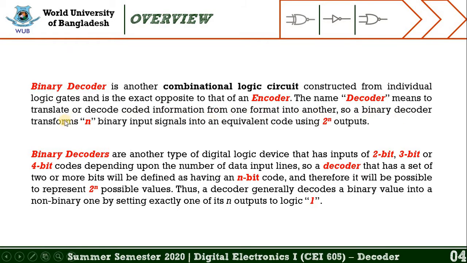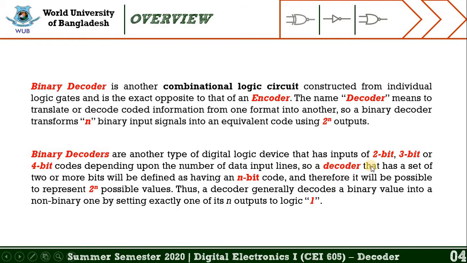So a binary decoder transforms n-bit input signals into an equivalent code using 2 to the power n outputs. Binary decoders are another type of digital logic device that has inputs of 2-bit, 3-bit or 4-bit codes, depending upon the number of data input lines.